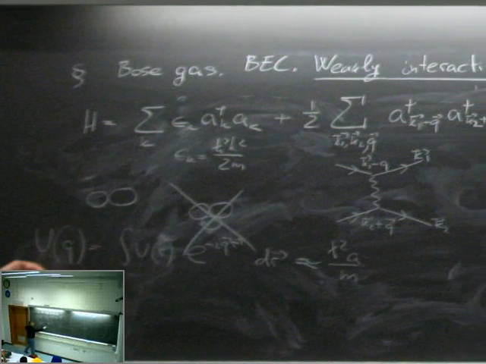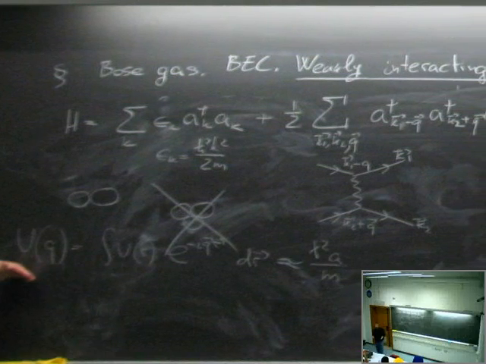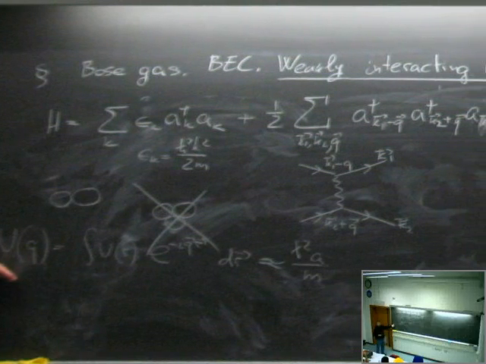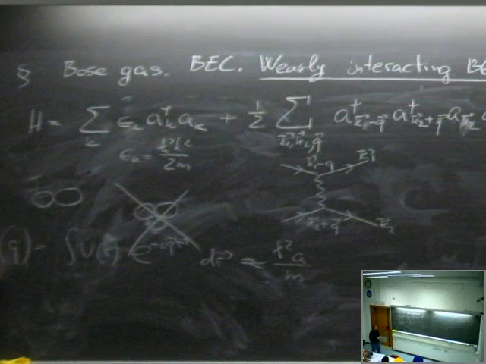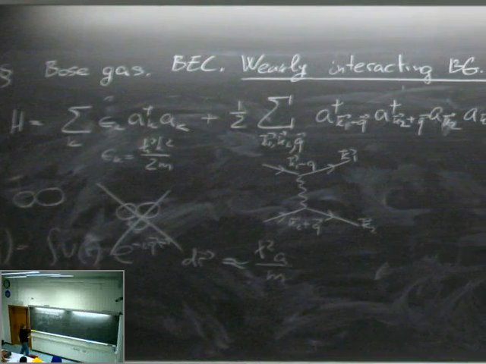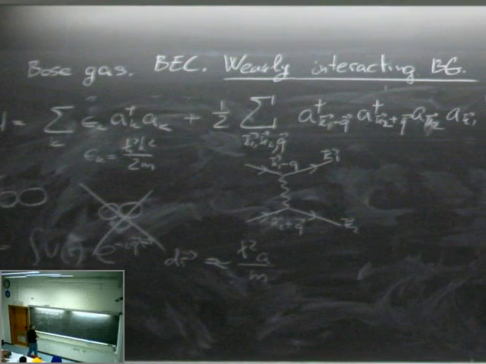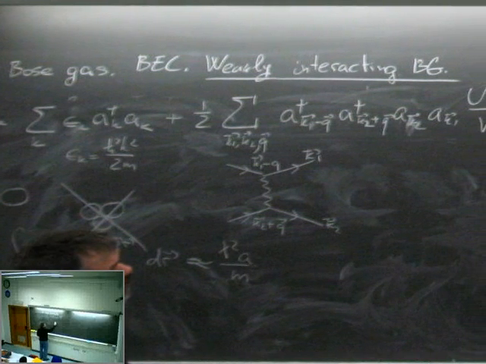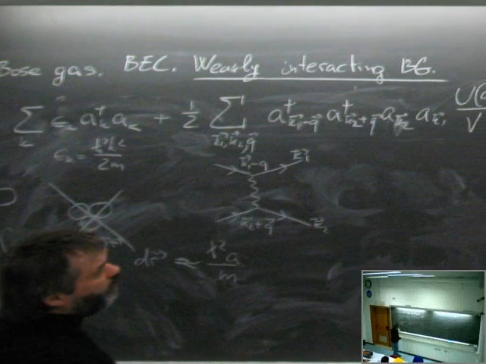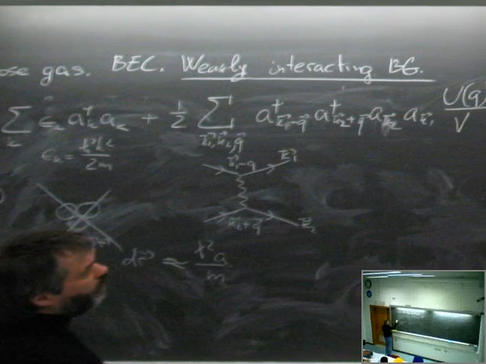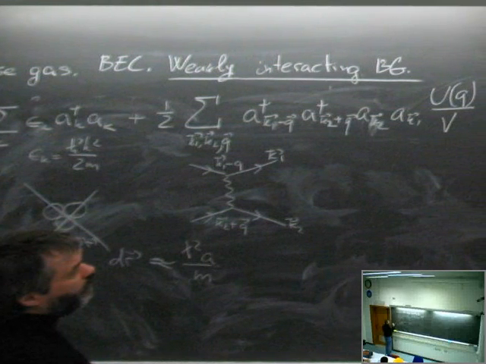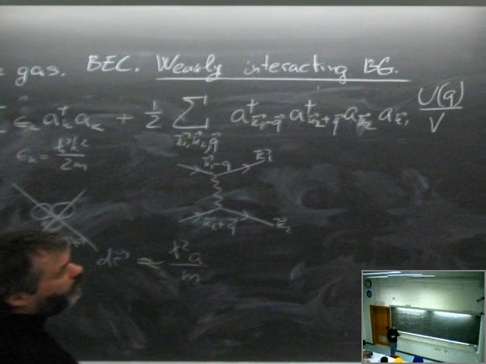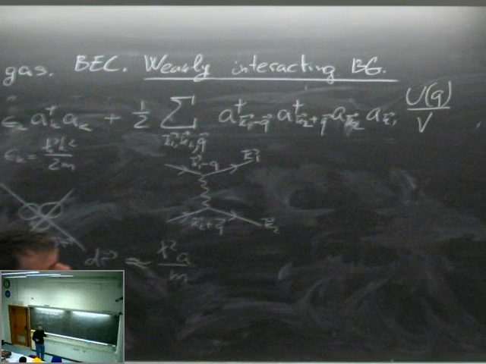The scattering length is a new parameter which is equivalent to the strength of interaction. And in order to say that we are in the regime of weak interaction, I'm repeating what I have said, the scattering length is of the order of the size of an atom, which is angstrom size.